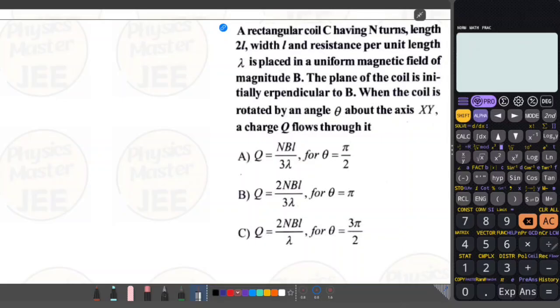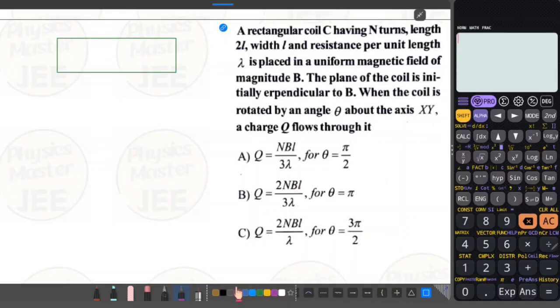Okay, fine. Now we have to find out the charge at different angles. First we rotate pi by 2, 90 degrees, then 180, then 3 pi by 2, and so on. Right? So let me draw the diagram to understand. It looks like this.